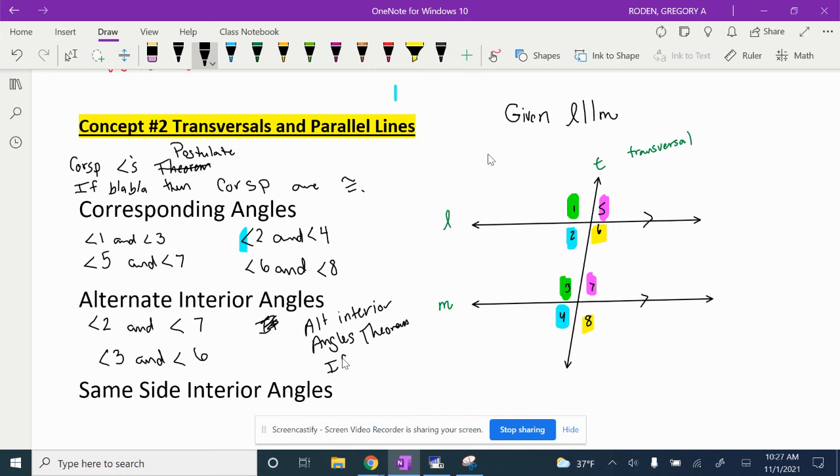And then it's just if the blah, blah, right, guys? And we all know what the blah, blah is. Then alternate interior angles are congruent. Again, the blah blah is a transversal intersecting two parallel lines on a plane, right?